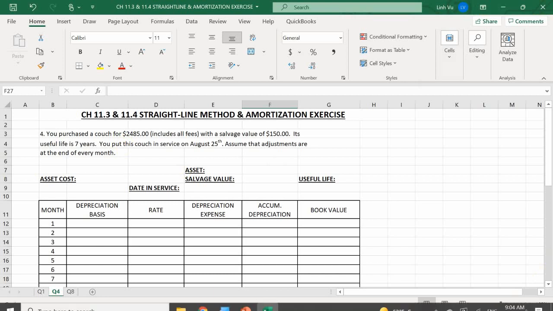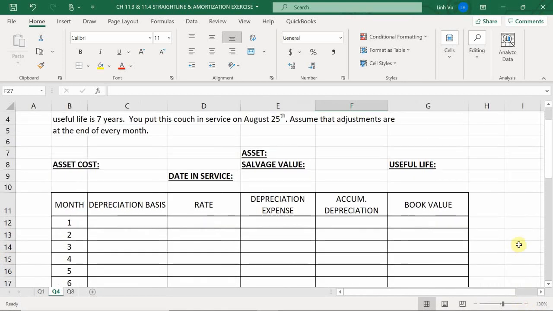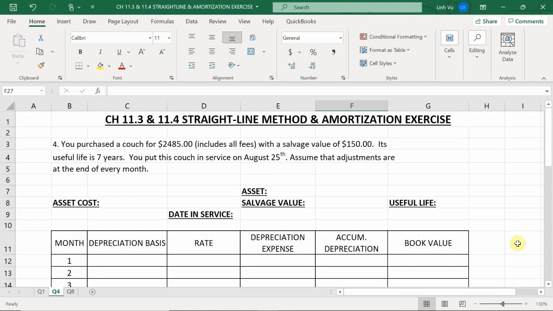This time, I purchased a couch for $2,485, which includes all fees and tax and et cetera. In this case, it has a salvage value of $150.